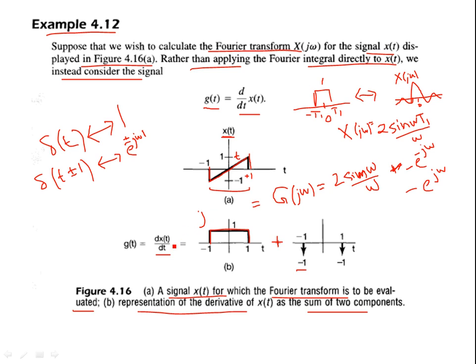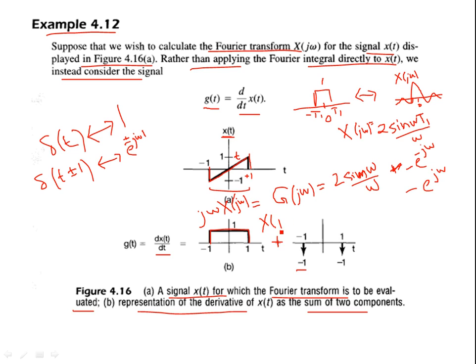I mean, taking the derivative of x t implies that in the transform domain this is nothing but j omega X of j omega, right? So G of j omega and X of j omega are related to each other by direct multiplication by the factor j omega. So you can find X j omega from this expression.